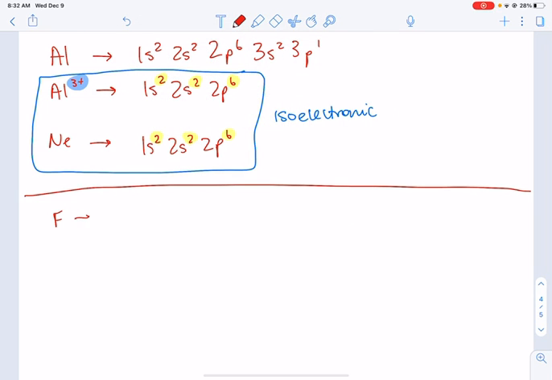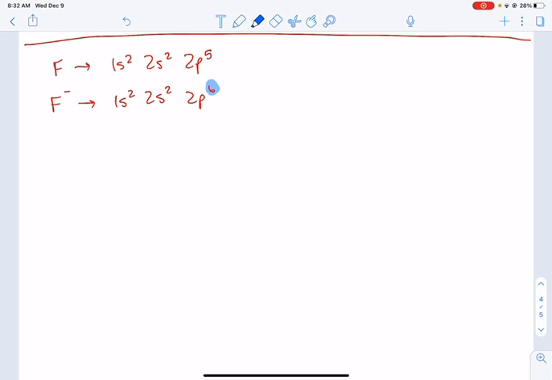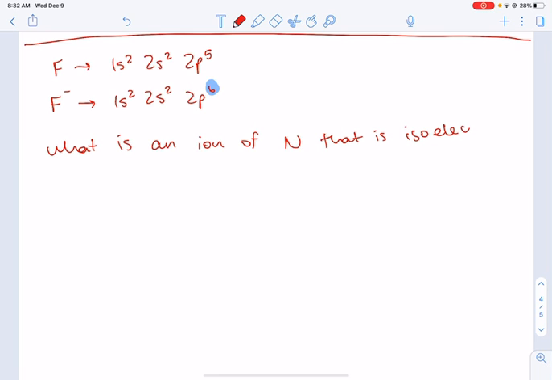So we have fluorine, 1s2, 2s2, 2p5. We have the fluoride anion, so we added an electron. Right, let's notice that. What is an ion of nitrogen that is isoelectronic to F minus, right?